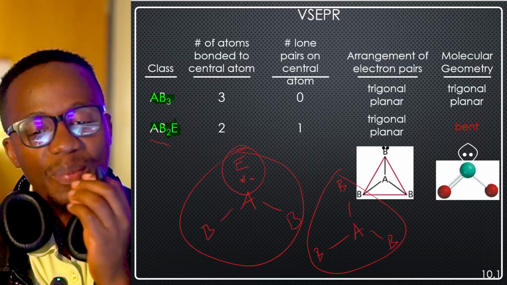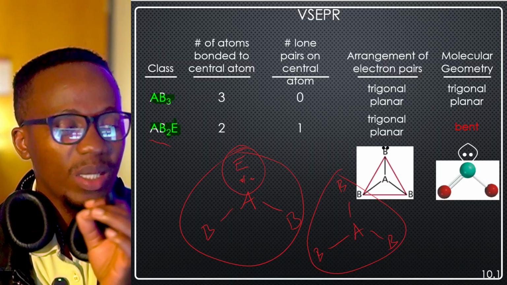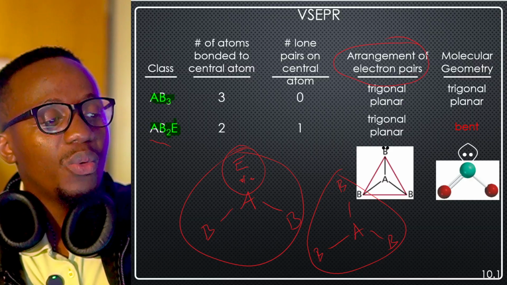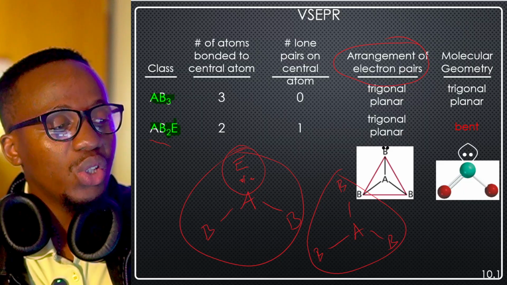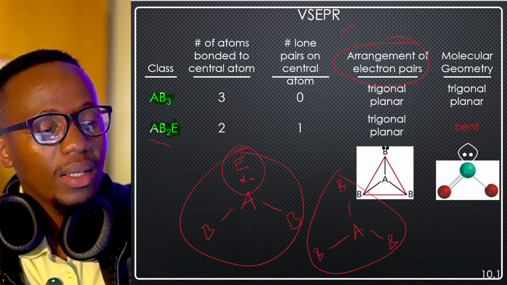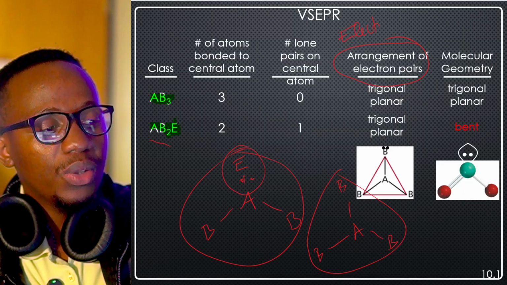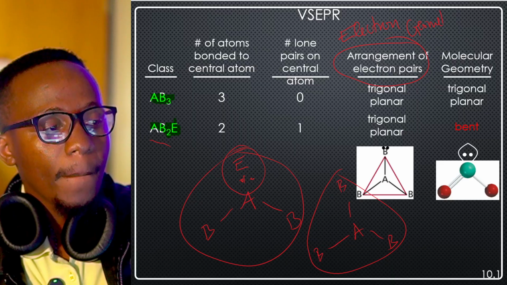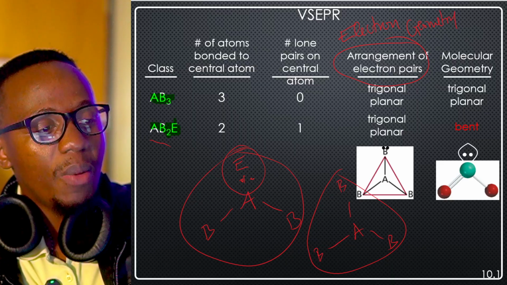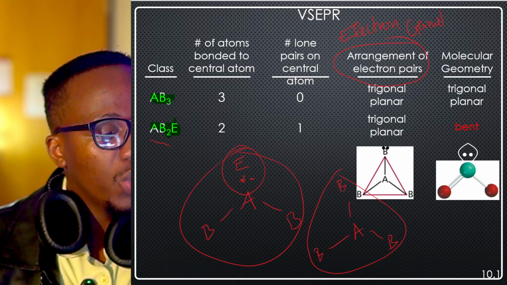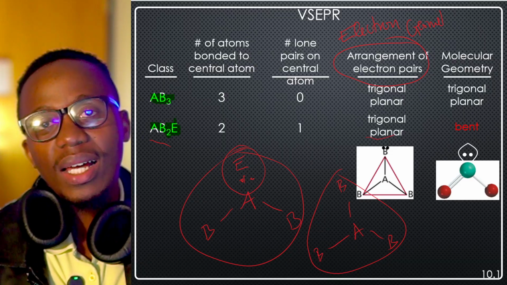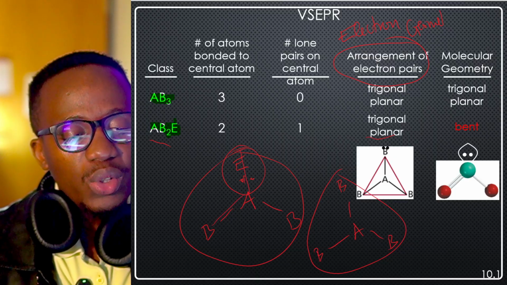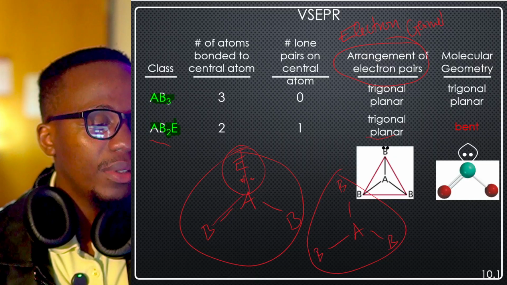But another important thing I want you to remember is this. The arrangement of electrons is what we call the electron geometry. The electron geometry here is still trigonal planar, because if you're just looking at electrons, whether or not they are pairs, you still have a trigonal planar shape.